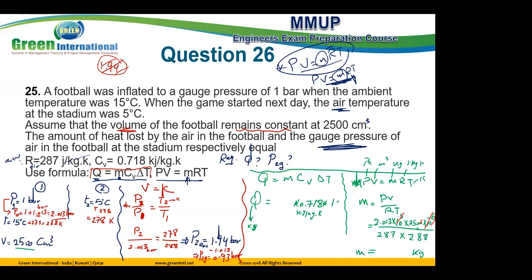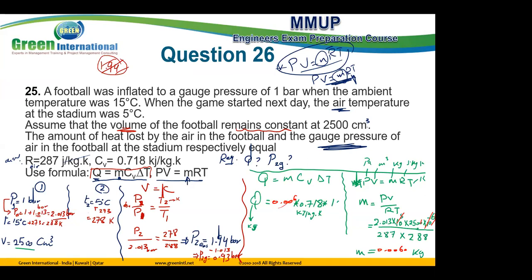So the mass is 2.013 into 250 multiplied by 287, divided by 288, which is 0.006 something. Whatever, don't lose the value from the calculator.